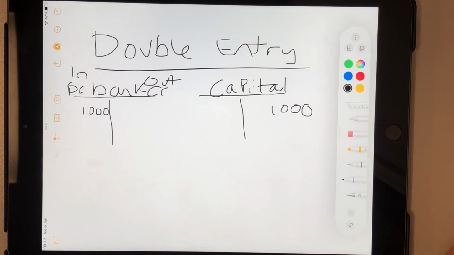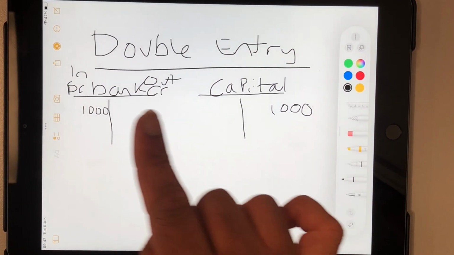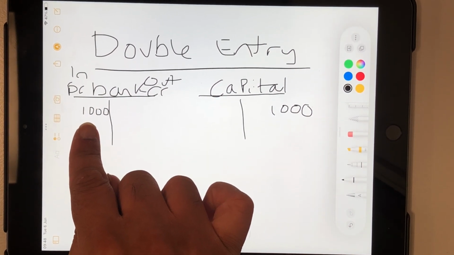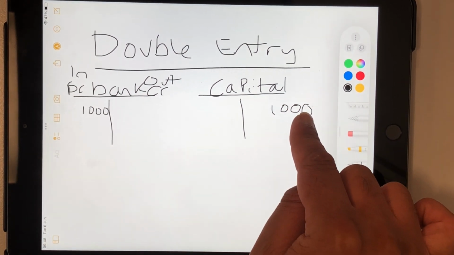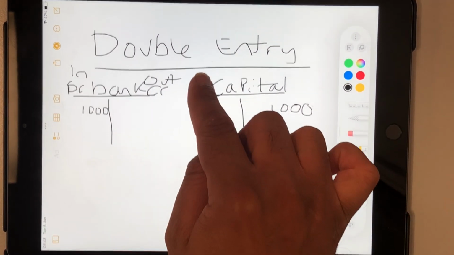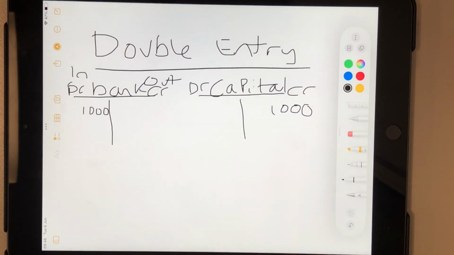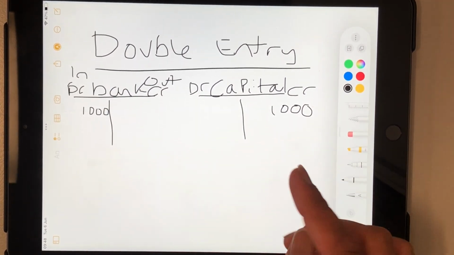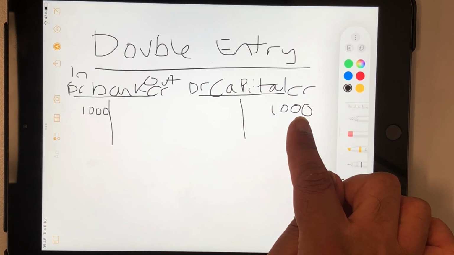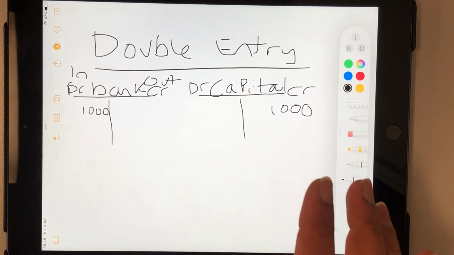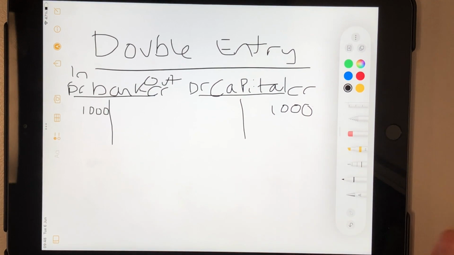So the principle of double entry is that you have a debit transaction somewhere and a credit transaction somewhere. For this capital account, this is the debit side, this is the credit side. Look at this: we have a credit entry and we have a debit entry, and that is how the system is designed.